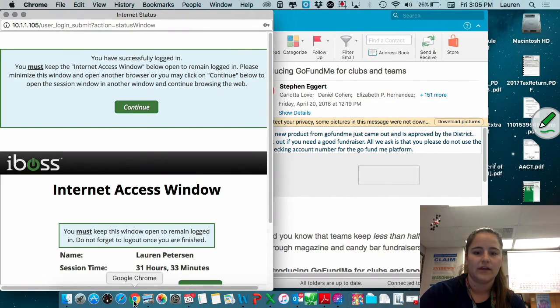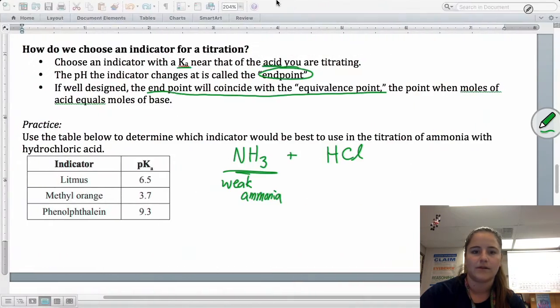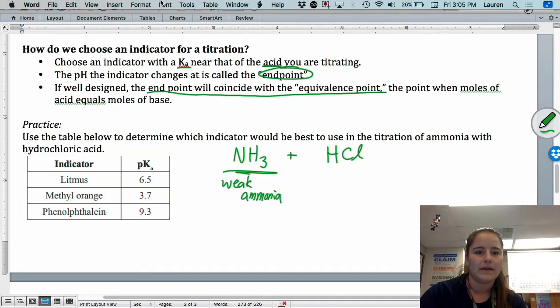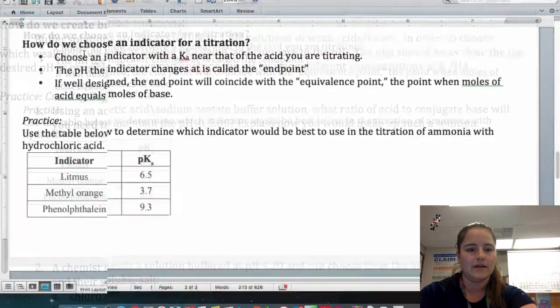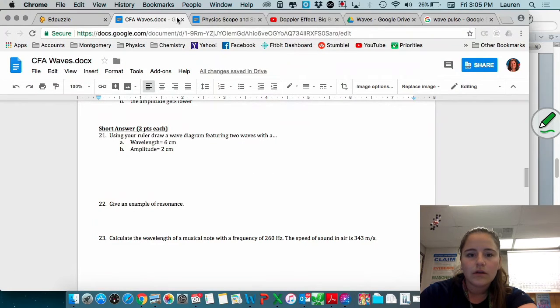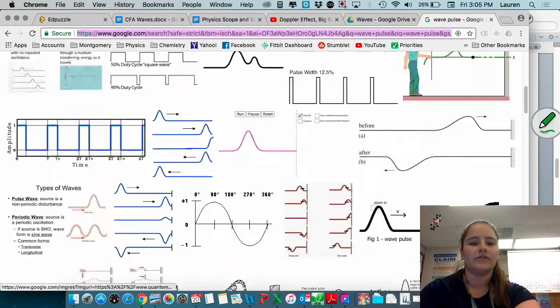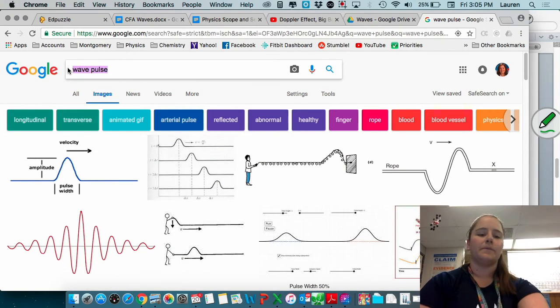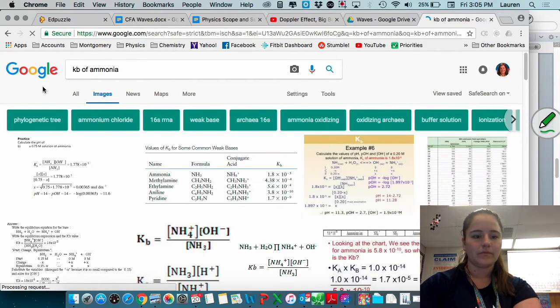I don't have it up on the computer right now, so I'm just going to open up another tab. But let's look for the Kb of ammonia. Or actually, we want the Ka.